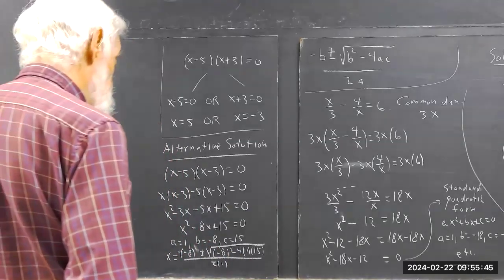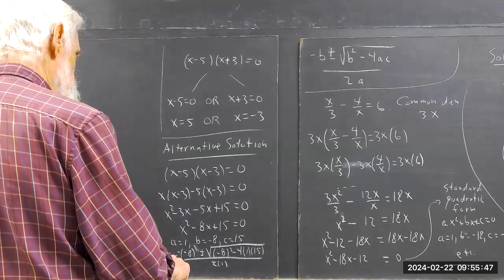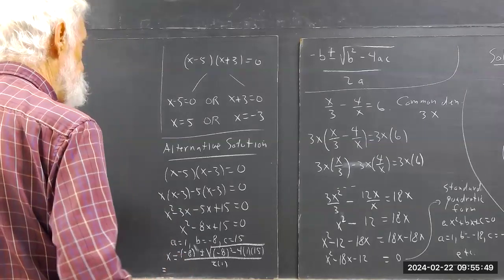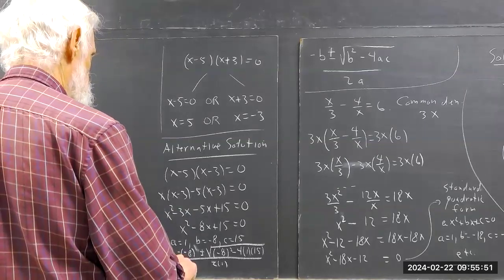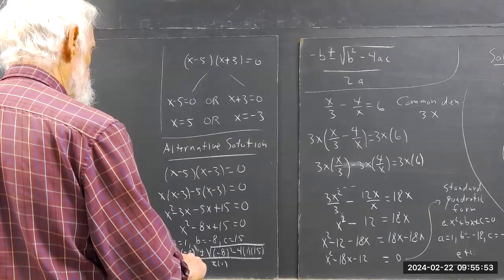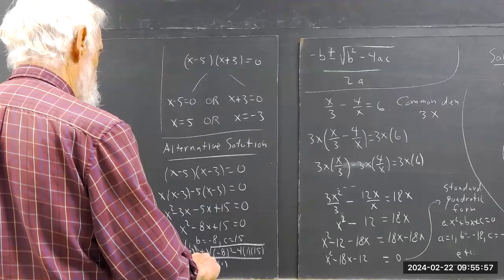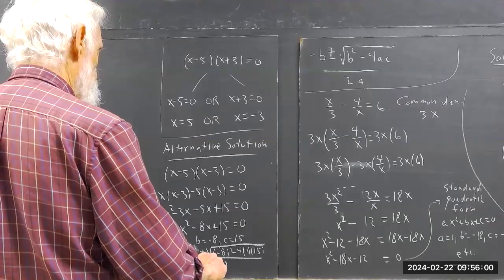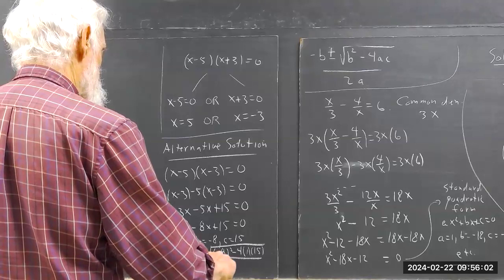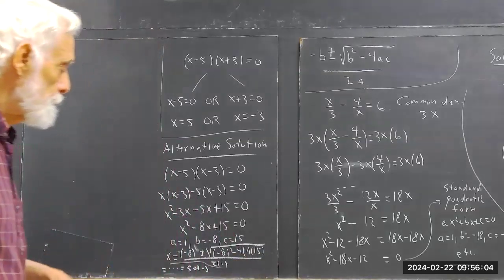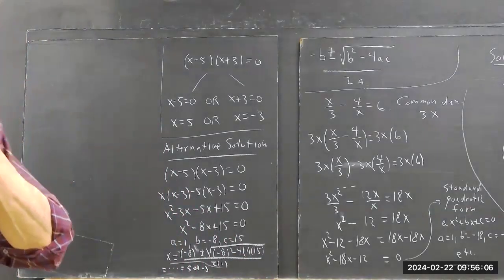Well, when you work this out, you're going to get 5, so I'll say equal with a couple dots, and you finally get 5 or 3. So you can work that out.